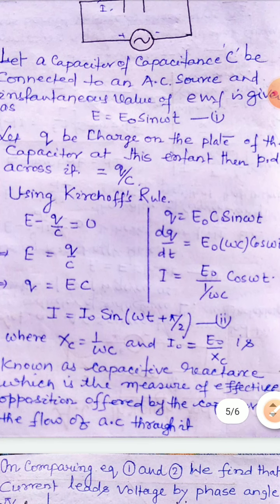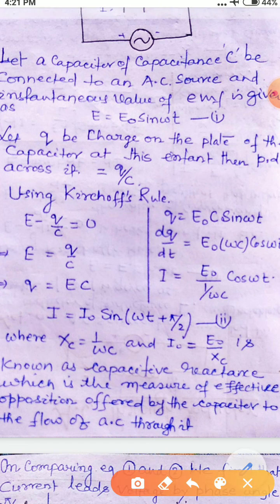Now here 1 by omega C is in the place of resistance, so this is your XC, capacitive reactance, and it is the measure of effective opposition offered by the capacitance in an AC circuit containing capacitor only. So I is equal to I naught sine omega t plus pi by 2.